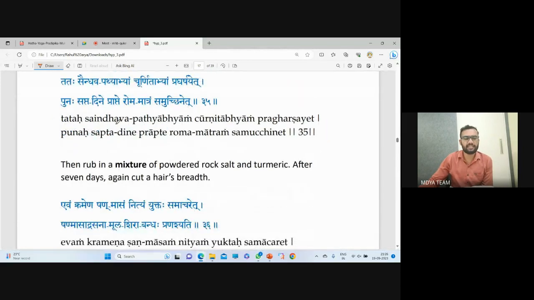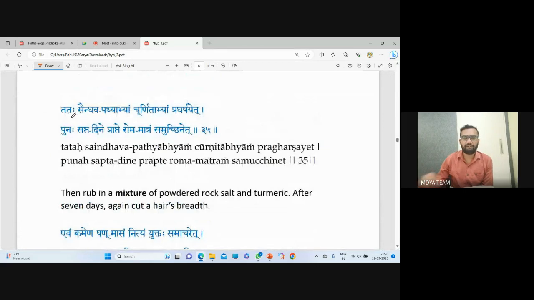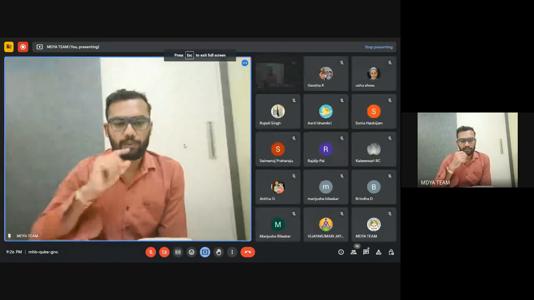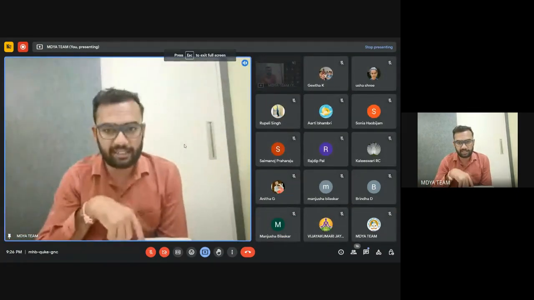And the next is, after doing this exercise, after the Chedan, then next step is Dohan and Chalan. Chalan is the tongue exercise.